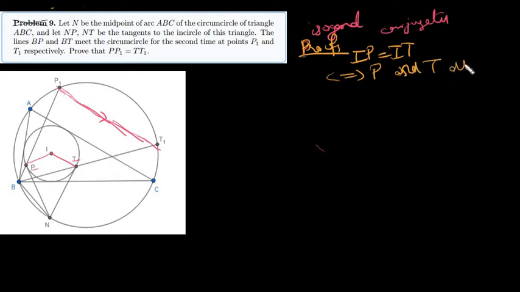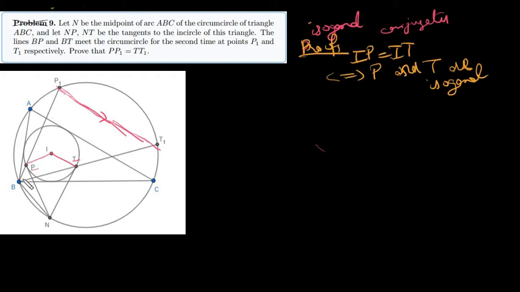Now what does this mean if you do not know this? Essentially, isogonal conjugates are points that lie on the reflection of the angle bisector.